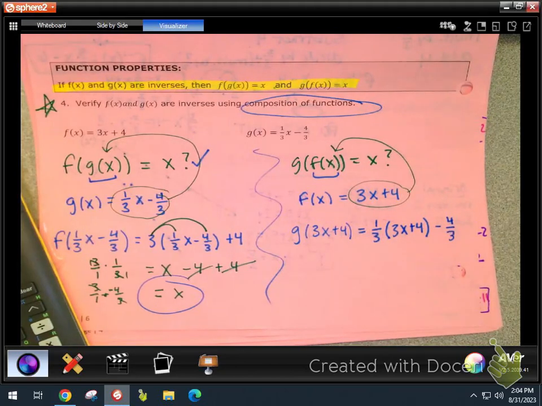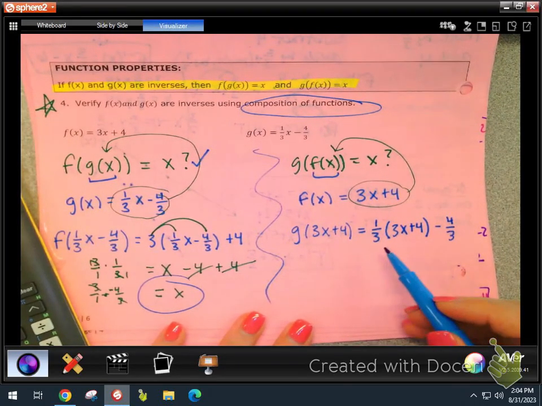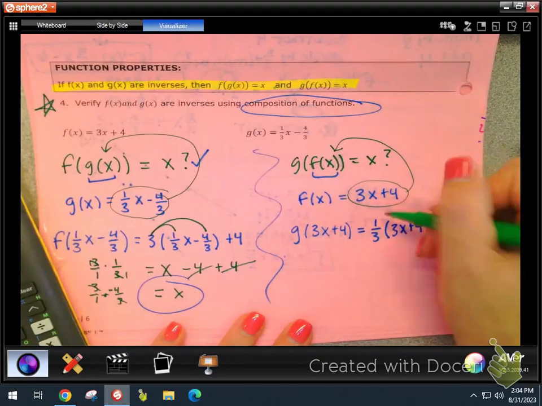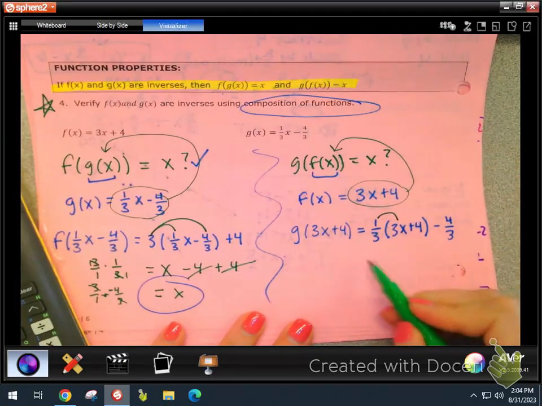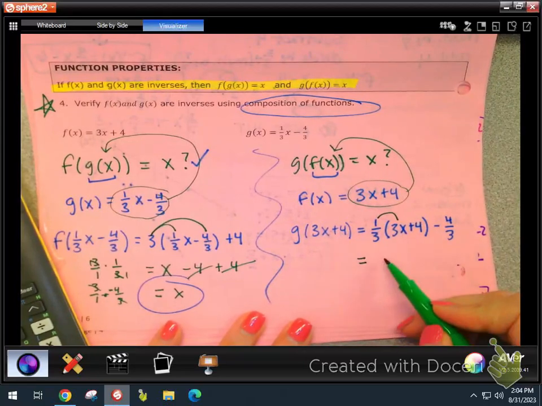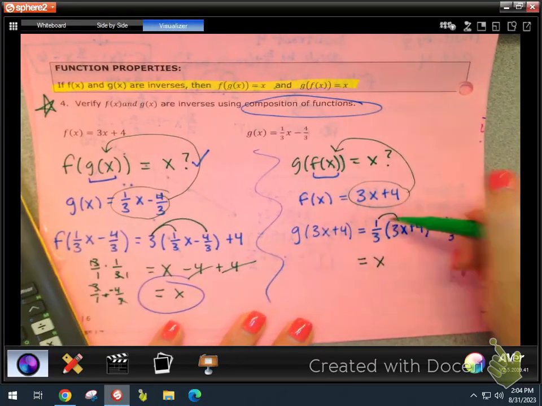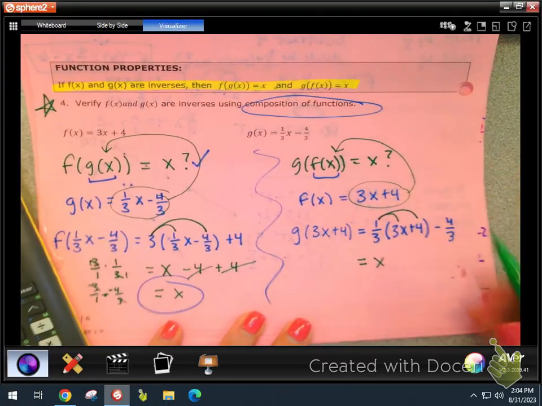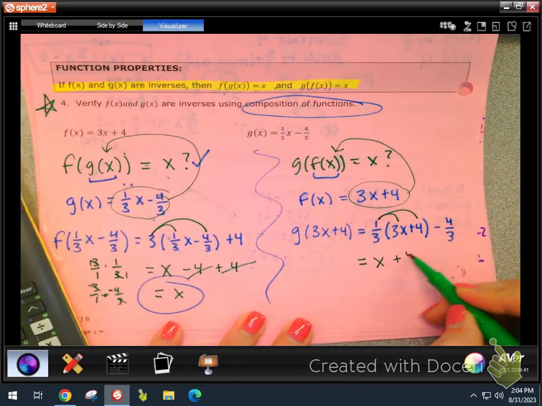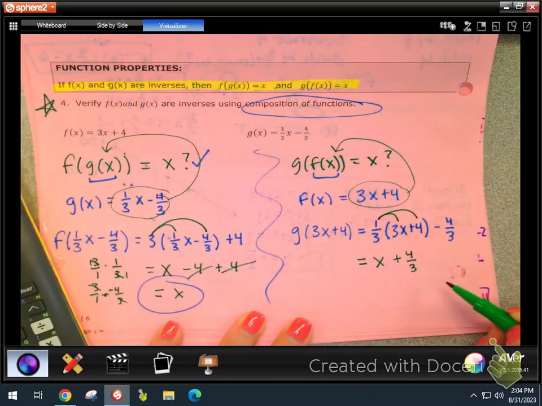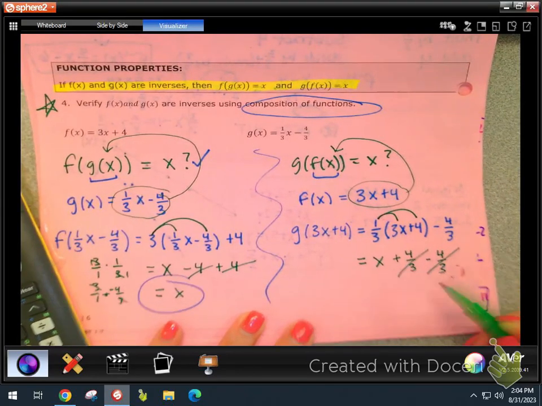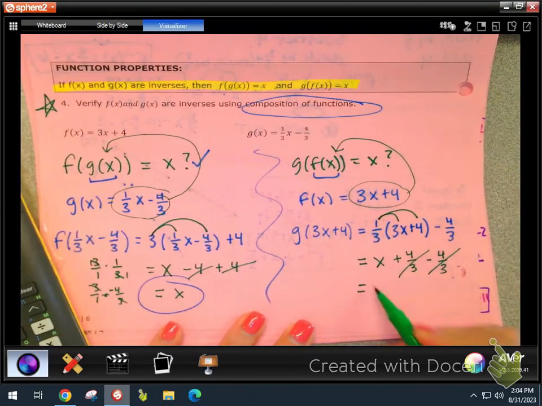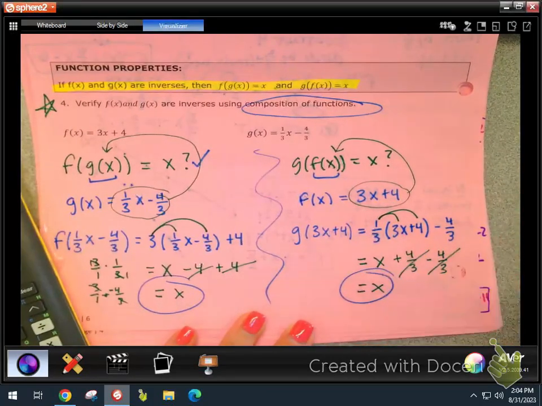There's your plugging in one function into the other. Now we clean it up. 1/3 times 3x, that is x. 1/3 times positive 4 is positive 4 over 3. Minus 4 over 3. What is this equal to? x.